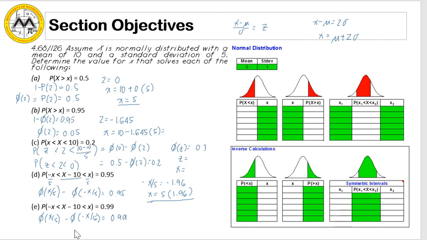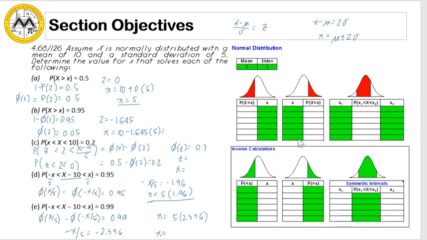So your negative x over 5 is, from the table, negative 2.576. So x would be equal to 5 times 2.576. So you can have the value of x.